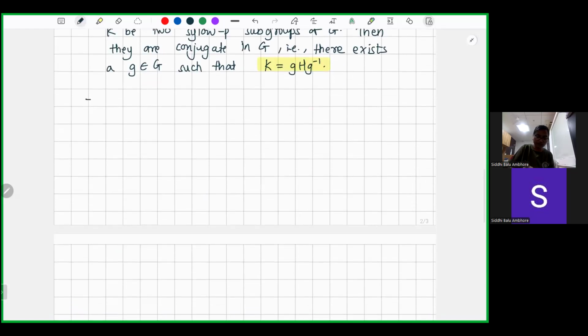And the third one is Sylow's third theorem.